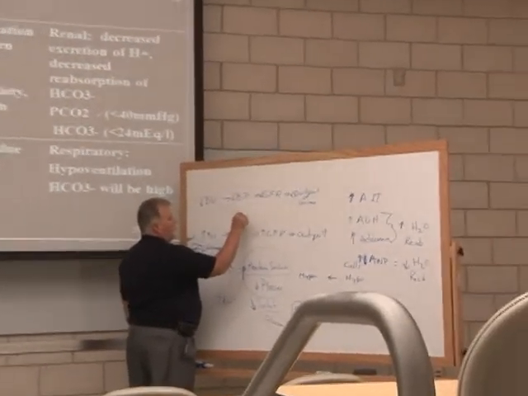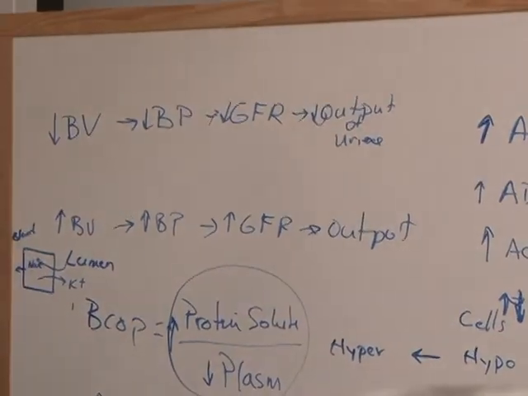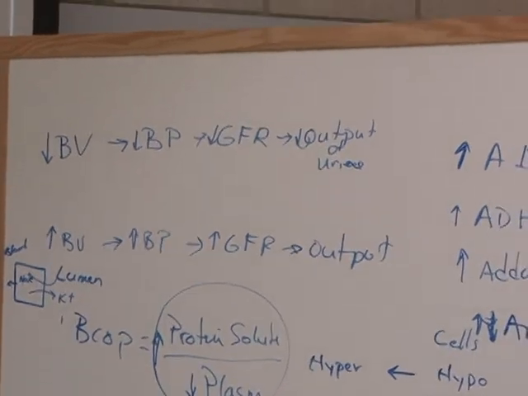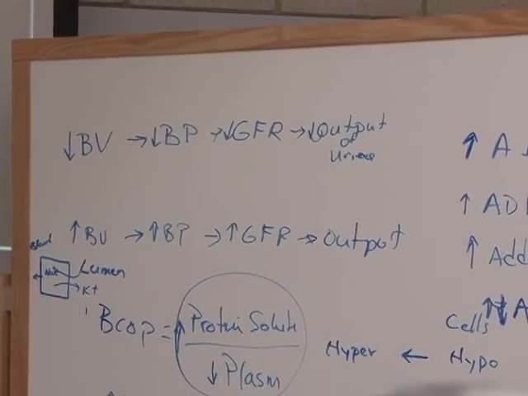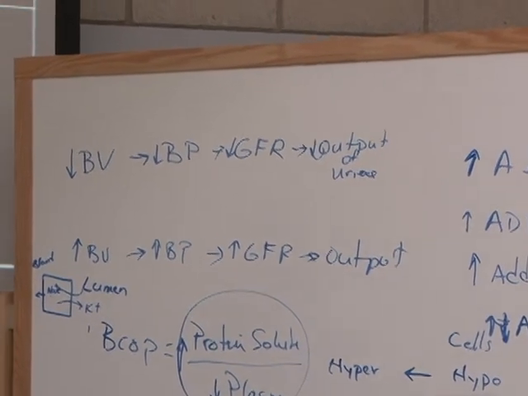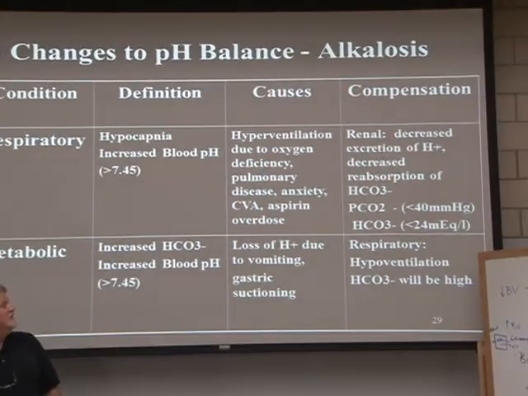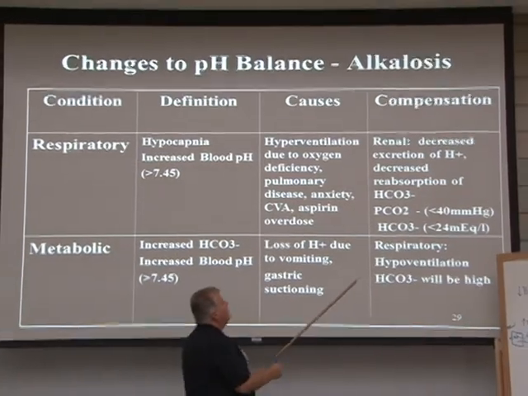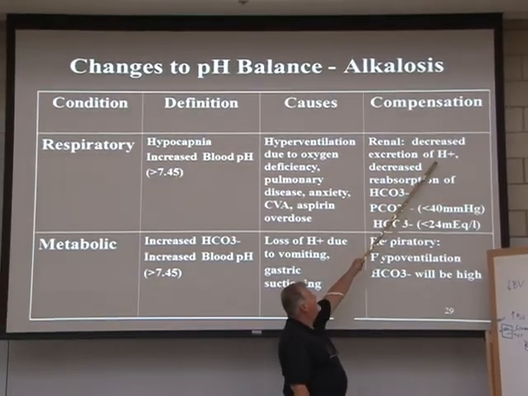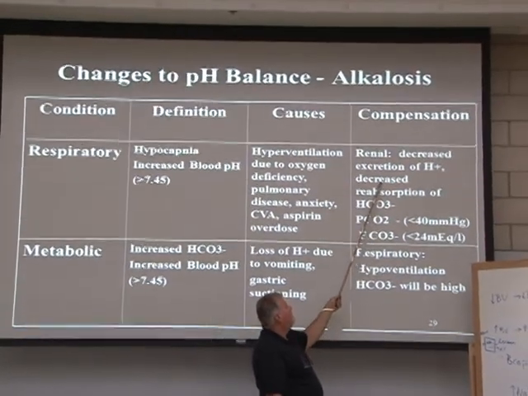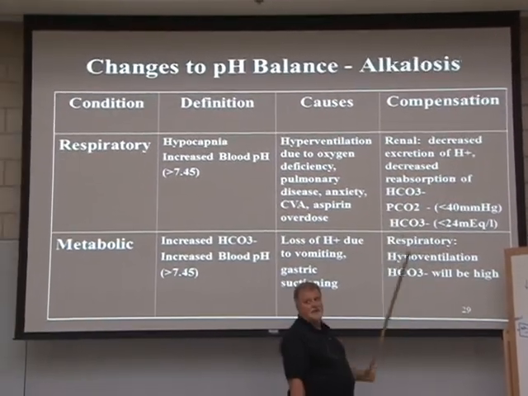So in this instance, we're too basic. So what do we want to do with hydrogen ions? Do we want to put them in our urine, or do we want to reabsorb them? We want to reabsorb them, right? So then this patient's urine would become more and more basic, yeah. So what we want to do is decrease our excretion of hydrogen ions in our urine, and we want to decrease our reabsorption of bicarbonate.